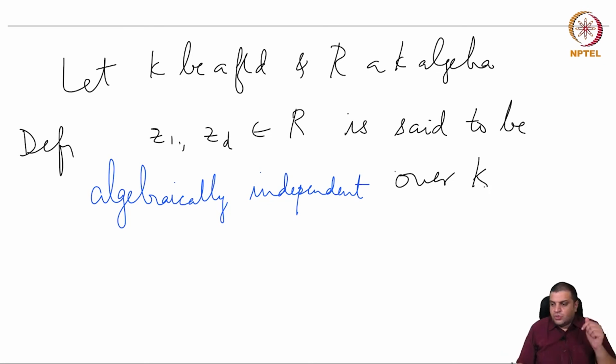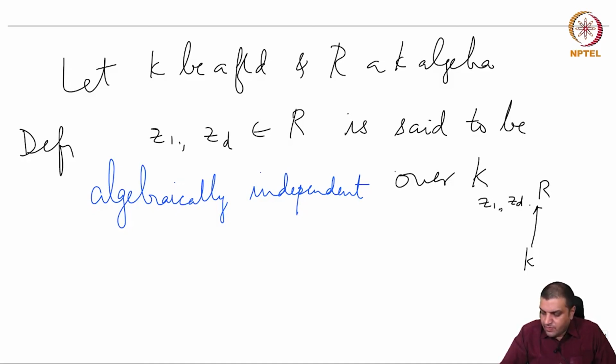Okay, so let's just say what we are saying. So K to R is a ring map, and here we have taken some elements Z1 through ZD. We have seen this earlier, that if you have a ring map like this, then it extends uniquely to a map from a polynomial ring over K, mapping the variables to these, and scalars mapping accordingly.